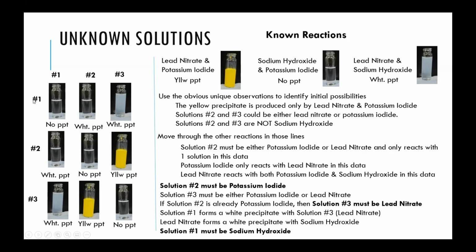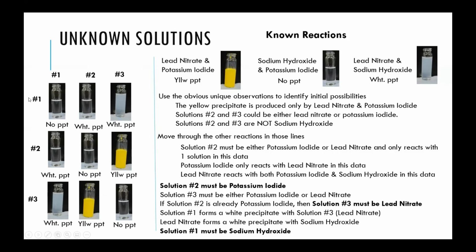If solution number 1 is sodium hydroxide, it forms no reaction with potassium iodide and a white precipitate with lead nitrate. If you've identified solution number 2 as potassium iodide and solution number 3 as the lead nitrate, you can walk through it.